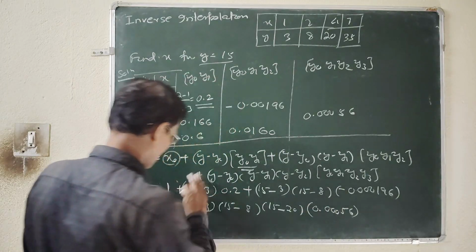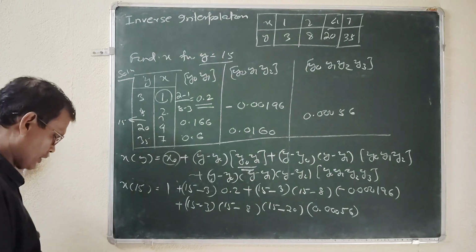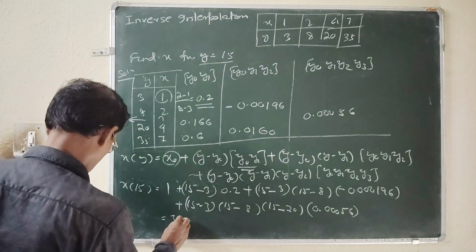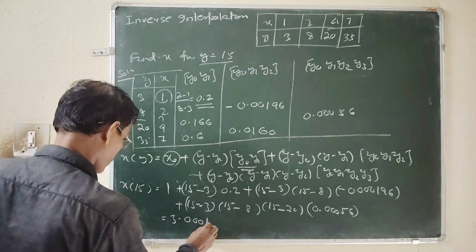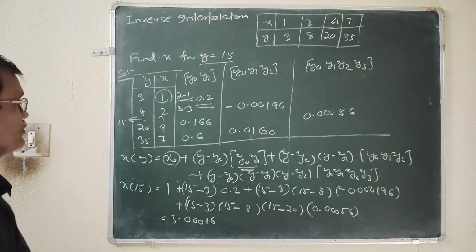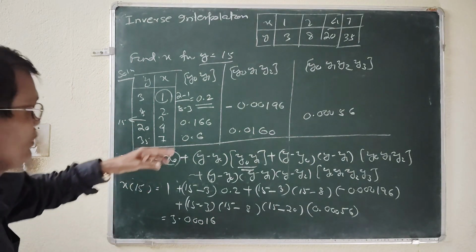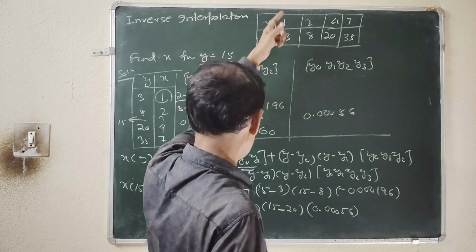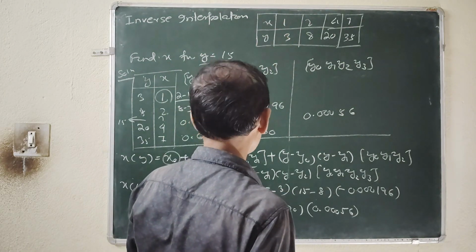If we calculate all this using a calculator, we get the result 3.00016. That means when the value of y is 15, the corresponding value of x will be 3.00016.